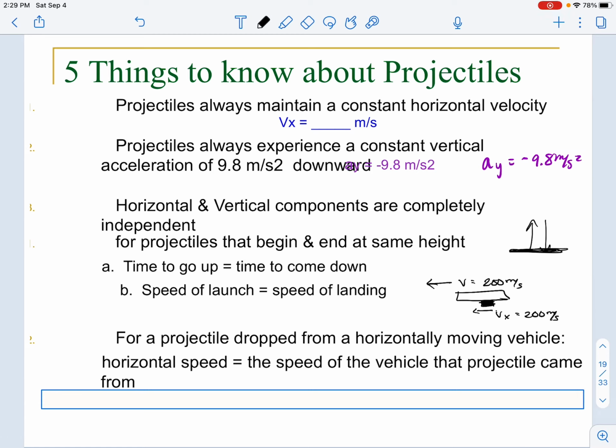So if this airplane drops the package, that package is not going to fall straight down and land directly below the point where it was released. Because it is connected to our airplane, the velocity of the airplane serves as the velocity of my projectile, or of my package in this case. So if this package is released, it's going to move forward as it falls because it was given an initial horizontal velocity.